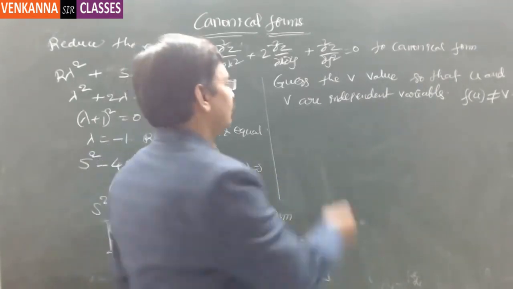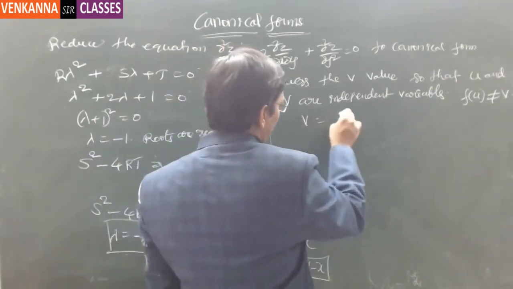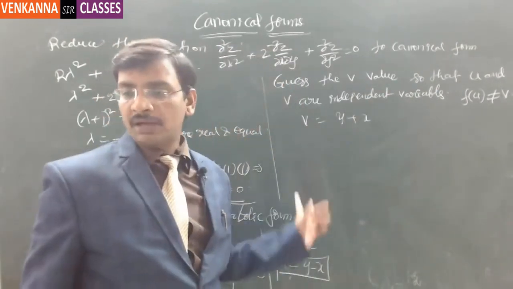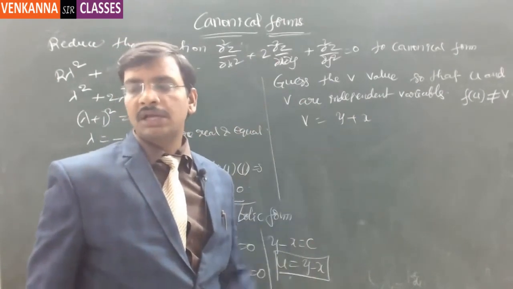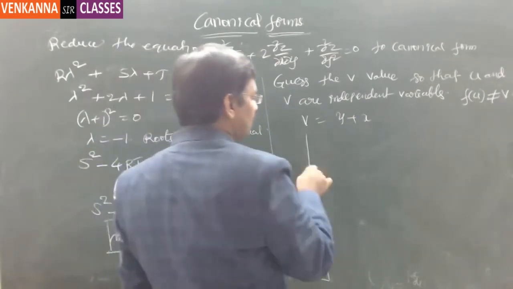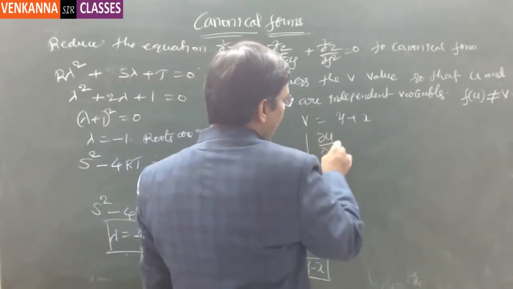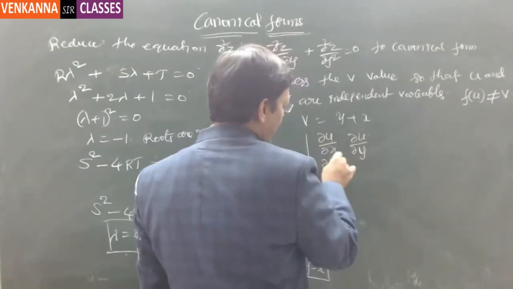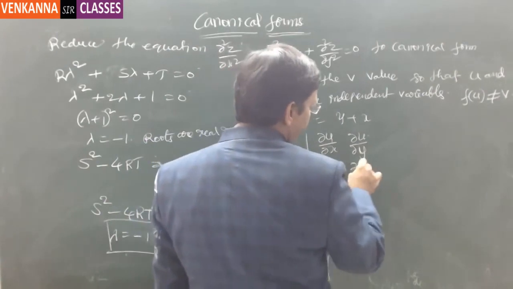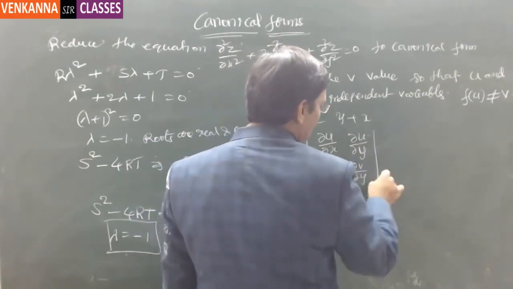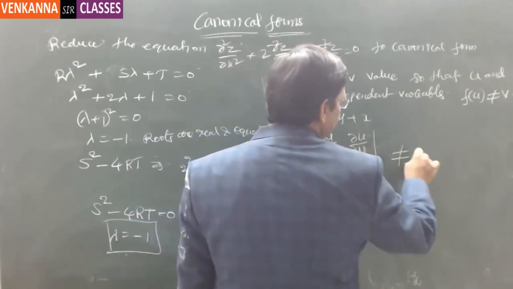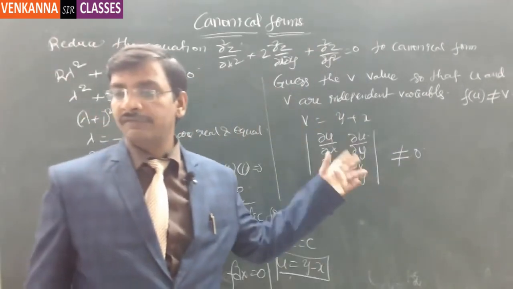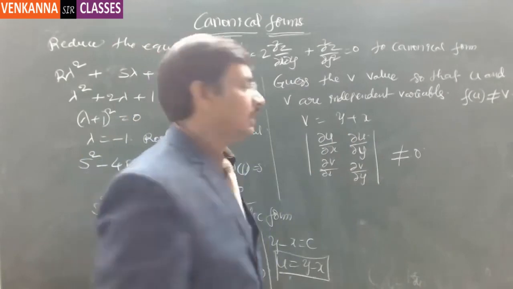So let us say v is equal to y plus x. Now whether it is independent of u or not can be proved by identifying the Jacobian value: dou u by dou x, dou u by dou y, dou v by dou x, and dou v by dou y. So this Jacobian value should not be 0. If it is 0, then it is dependent. If it is non-zero, then it is independent.